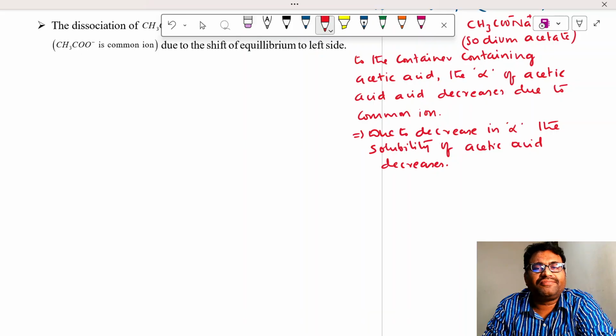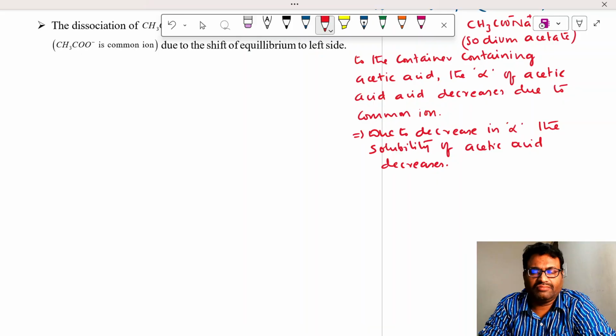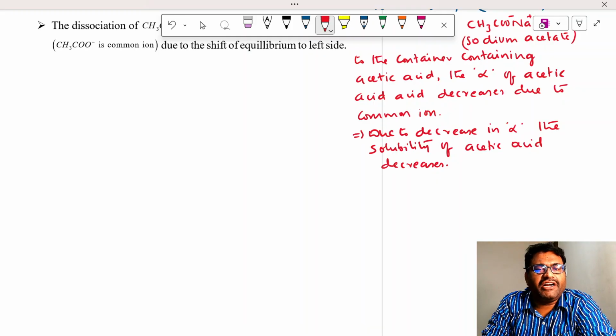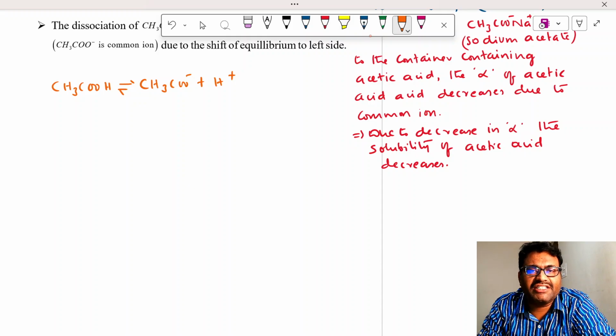We know that in a container we have acetic acid, CH3COOH, which on dissociation gives CH3COO minus plus H plus. It is a reversible reaction. After the reaction, at a certain time, it attains equilibrium.